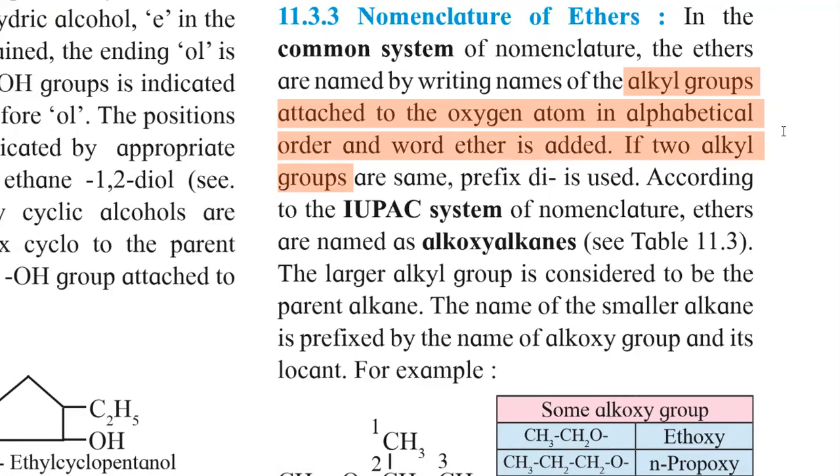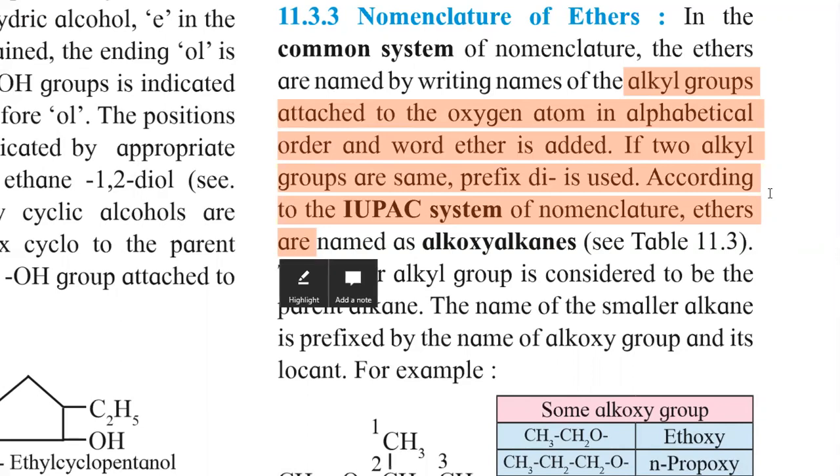This is applied when the alkyl groups are different, or if the same alkyl groups are present, then we can use the prefix di. So this is about the common names of ethers, how they are given.